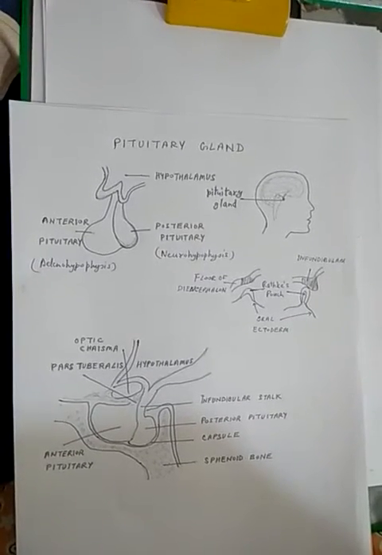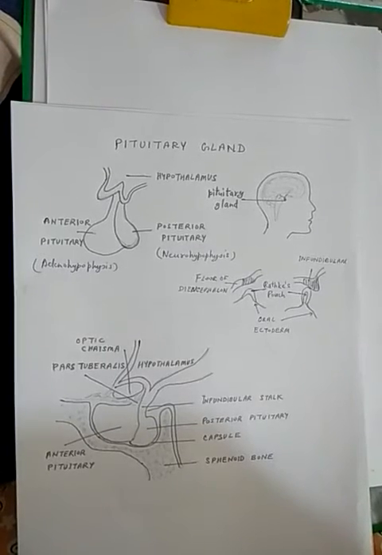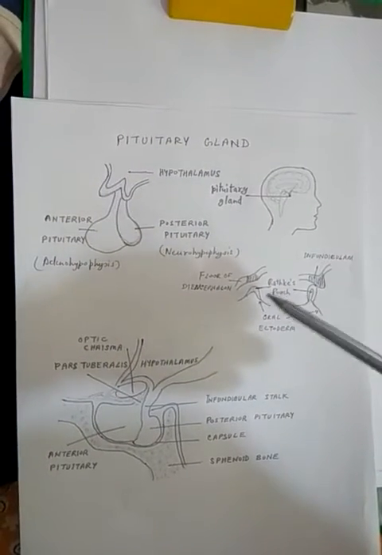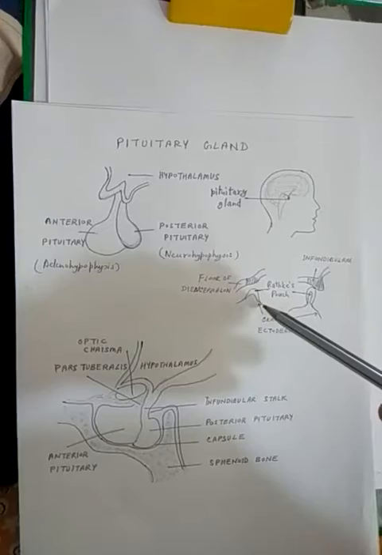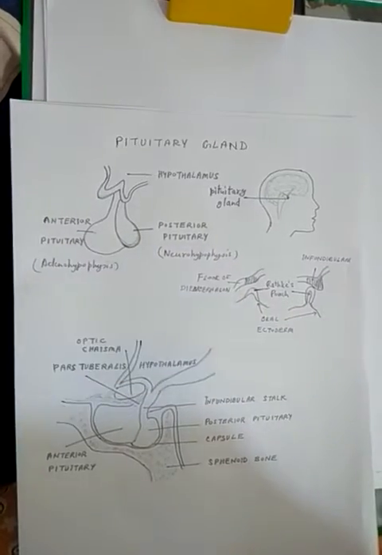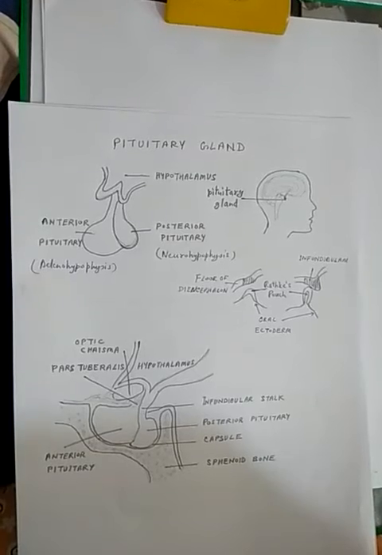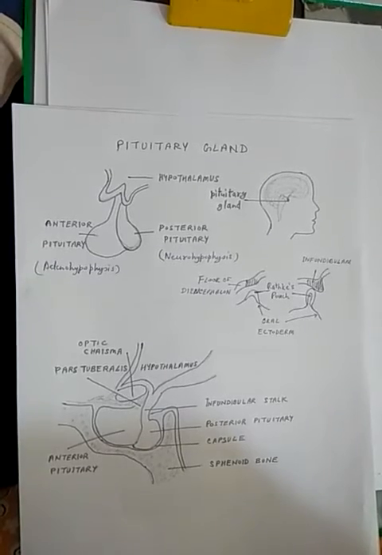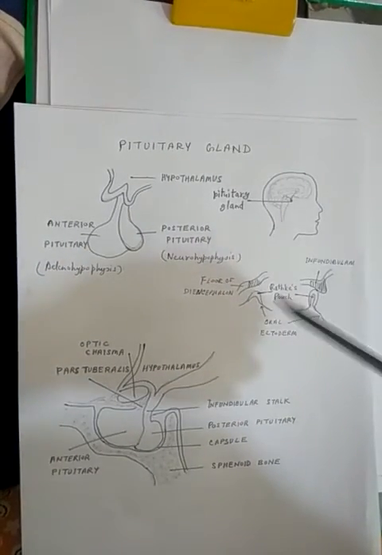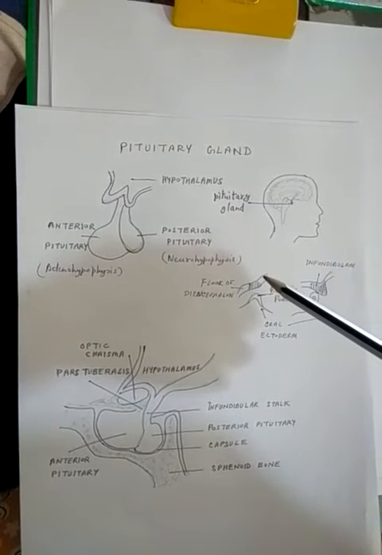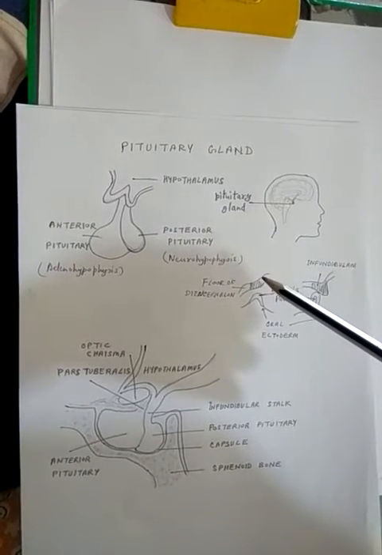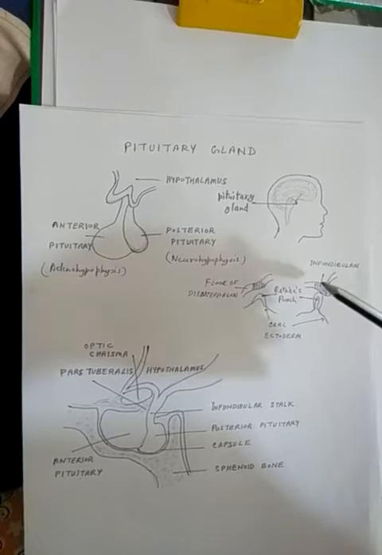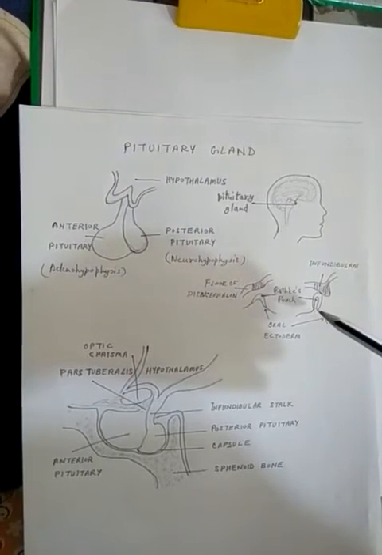Now we see the origin of the pituitary gland, how it originates. If you see this diagram, you can see that it is the oral ectoderm. During the development, there is an inward invagination of the oral ectoderm, and the floor of the diencephalon, that is part of the brain, also invaginates ventrally.